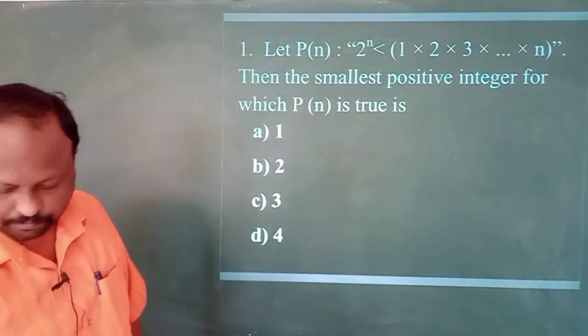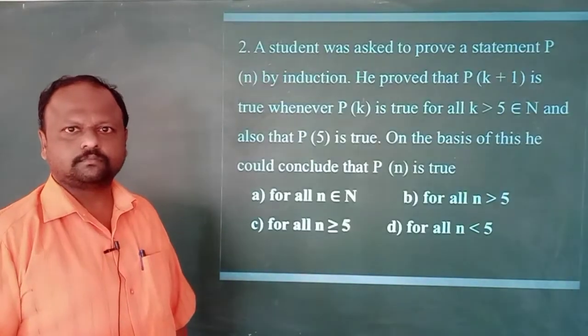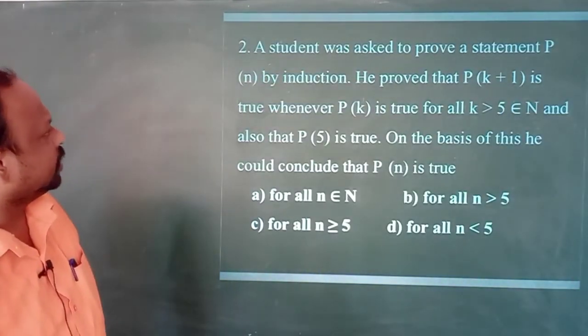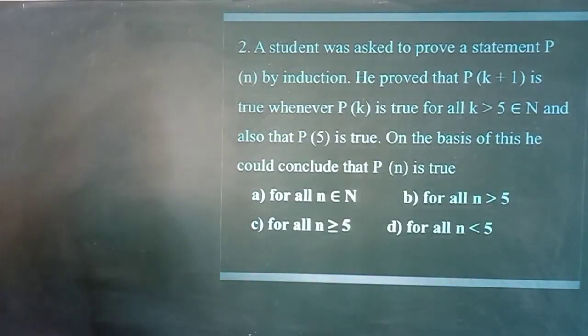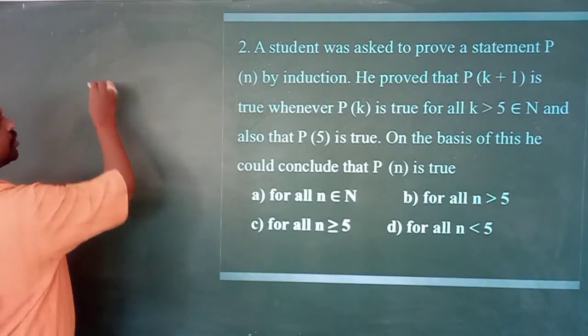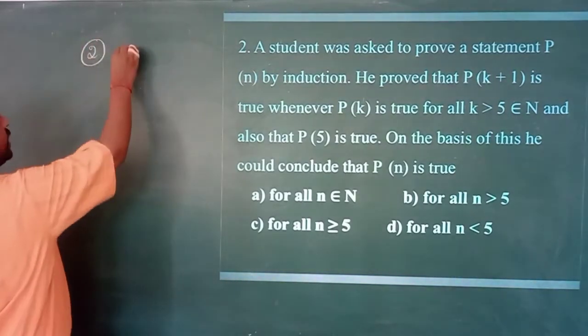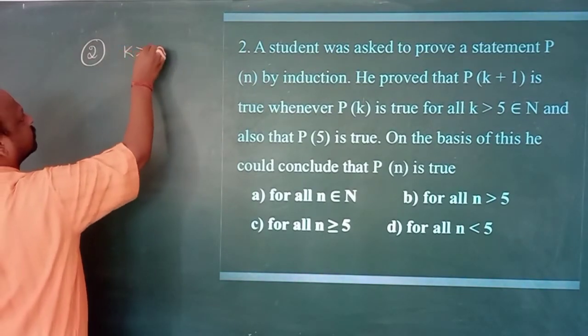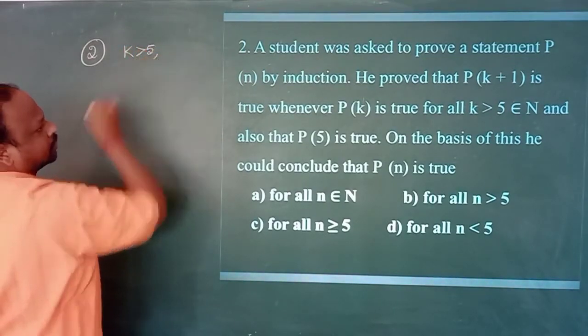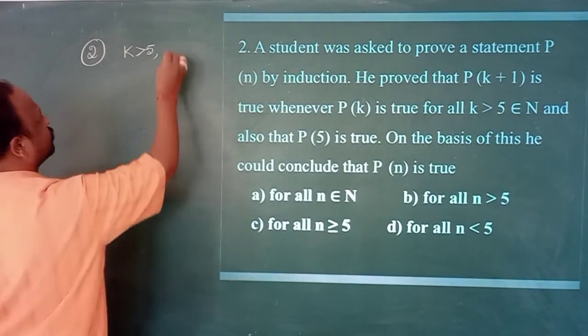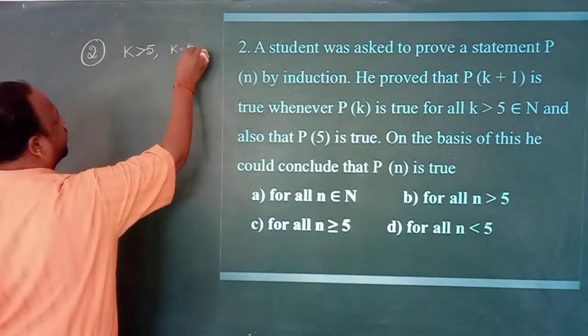Next one. A student was asked to prove a statement P of n by induction. He proved that P of k plus 1 is true for all k greater than 5. Also P of 5 is true, that is k is equal to 5.